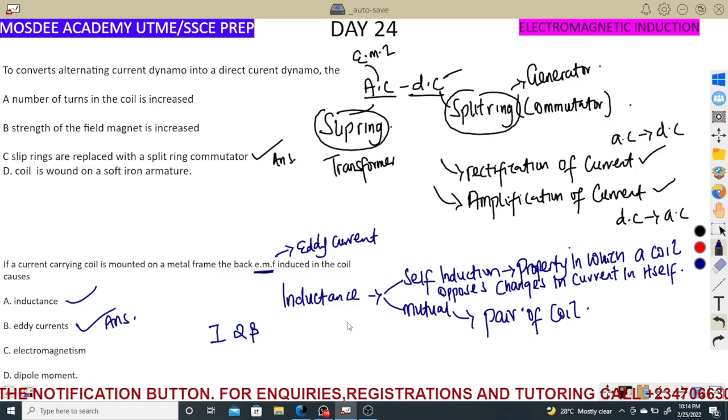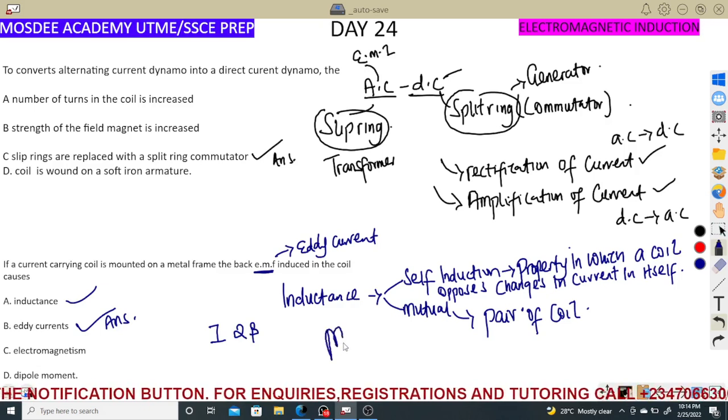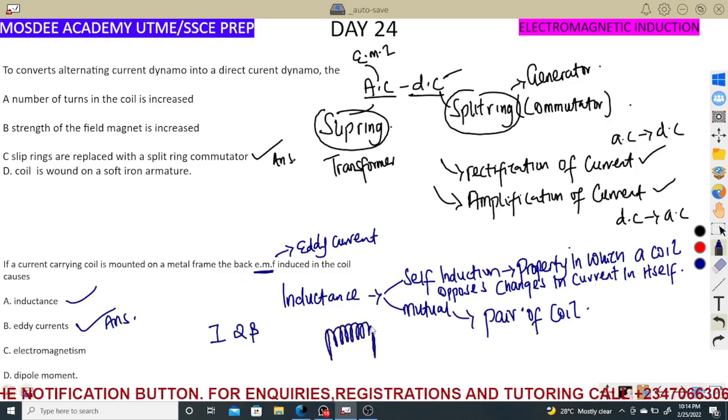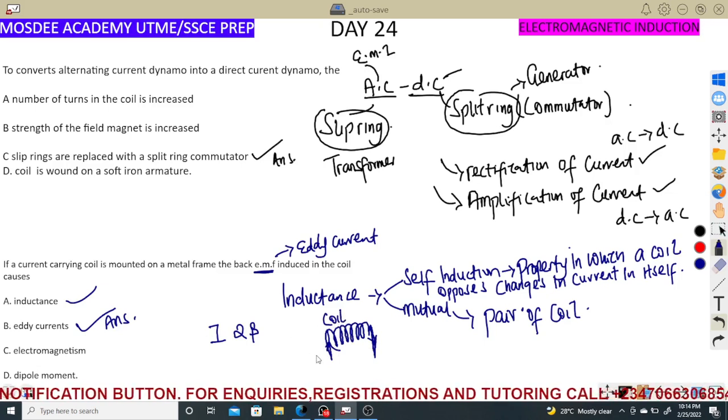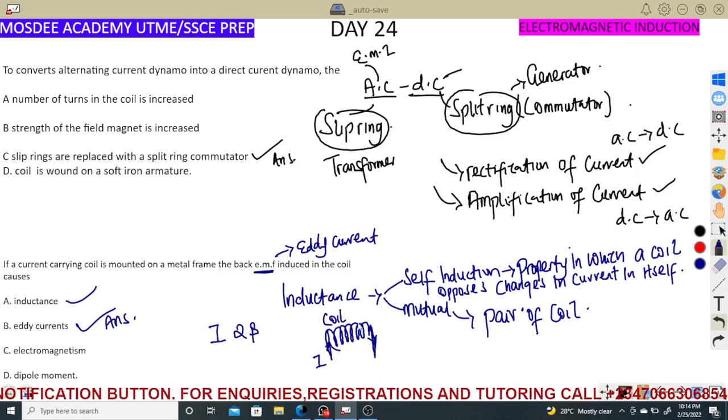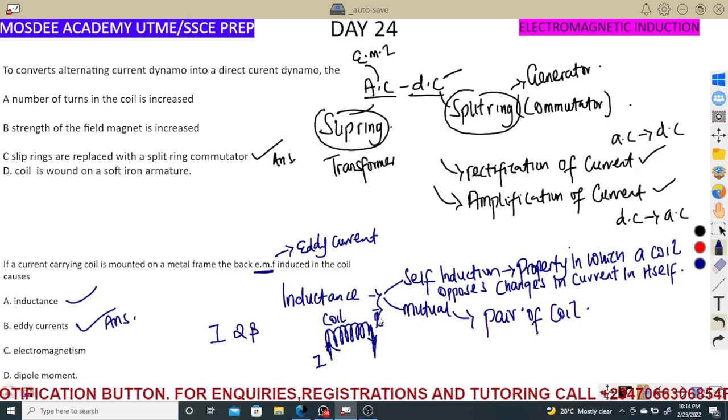So if you have a coil, the coils can be wound like this. Sometimes it is called a conductor. So the current being carried in the conductor is proportional to the magnetic field that is generated in it.